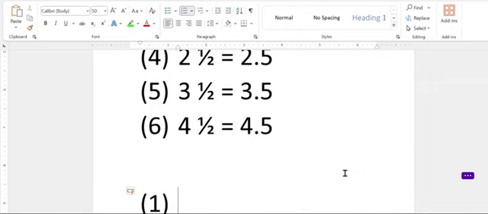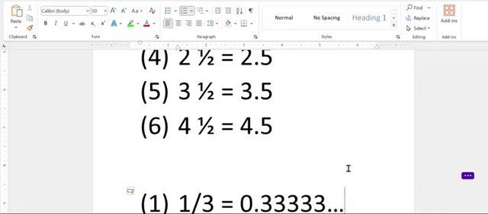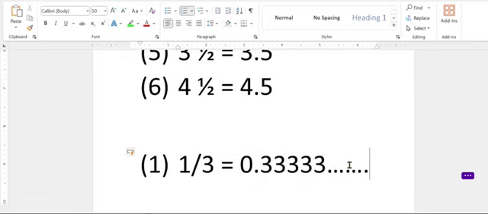The decimal expansion I'm going to be showing you now will have to do with 1/3. Okay? So that's 1/3. Now, in decimal, 1/3 is 0.33333 and so on to infinity. That's the decimal expansion for 1/3 up to infinity.